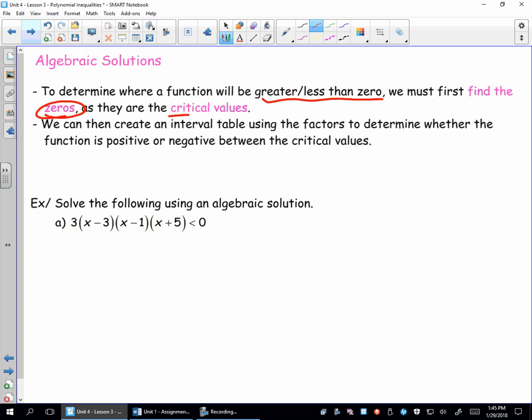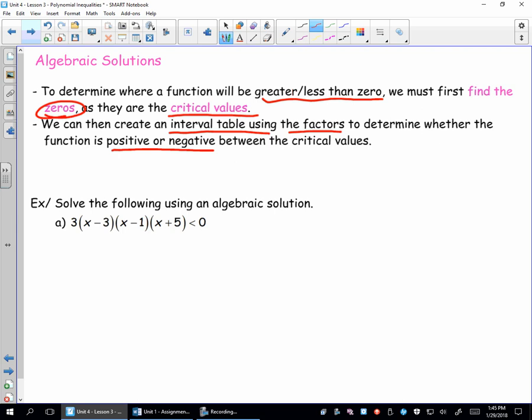We're going to call those things the critical values. In other words, where I'm above or below. Those are the changes of my solution, right? And our new thing for today is we're going to create an interval using our factors to determine if the function is positive or negative. If I know it's positive, well, then I know I'm above 0. If it's negative, I'm below 0.